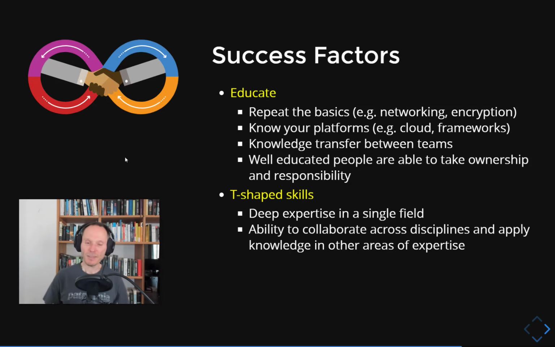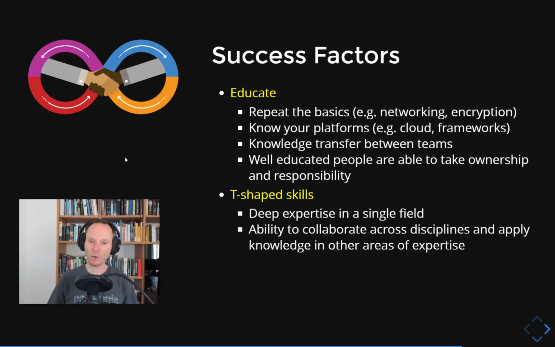For me, this picture of T-shaped skills is really important. Successful people in cloud native organizations have deep expertise in a single field where they know a lot about it. They are considered experts in this field and they help their peers if they have questions in this field.